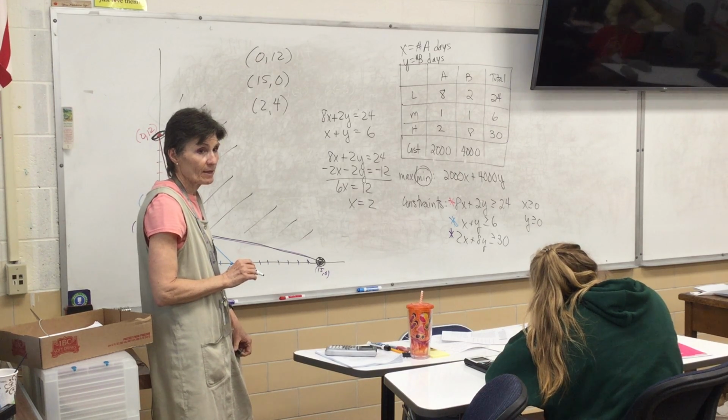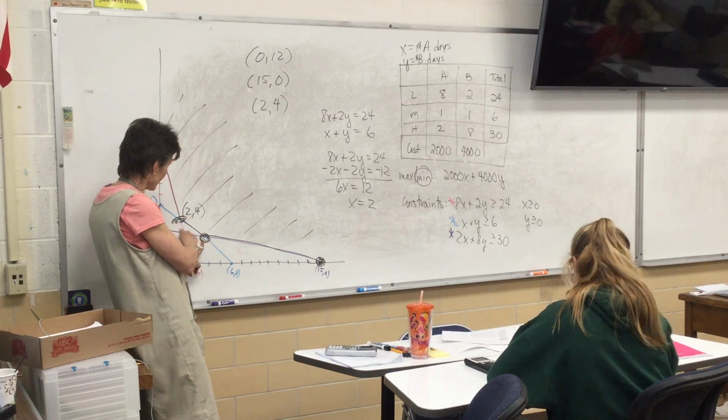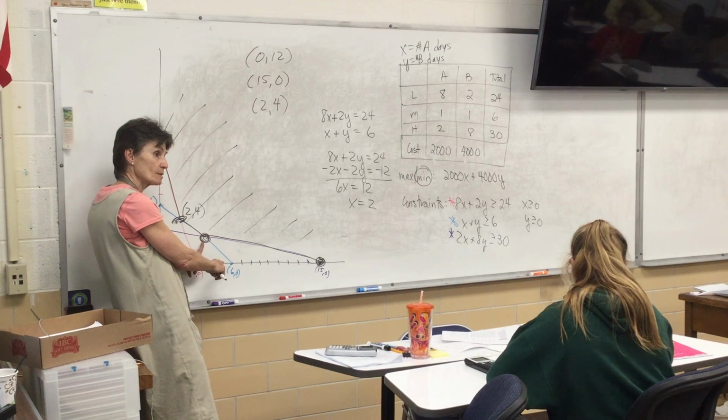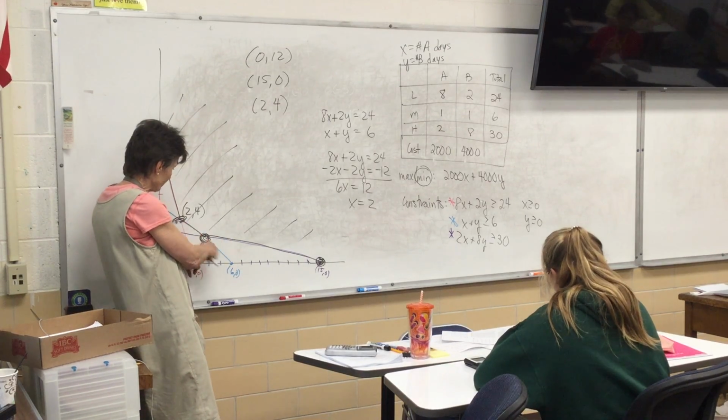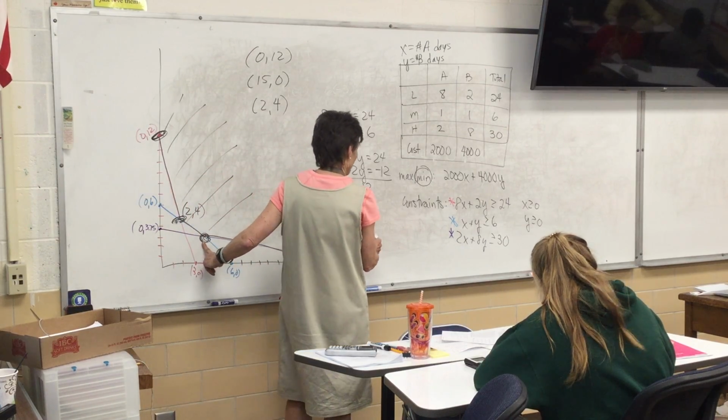Did I do all right with that? Yes. Now you got one more to find. Now you gotta find where purple and blue cross. Purple and blue are crossing right there.